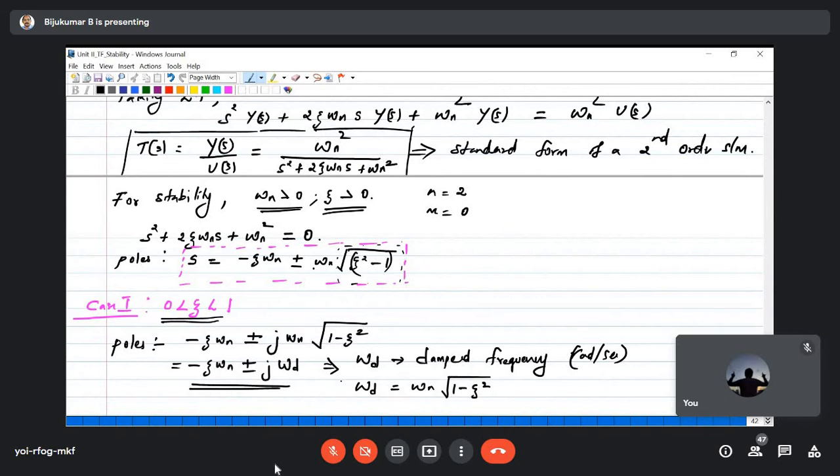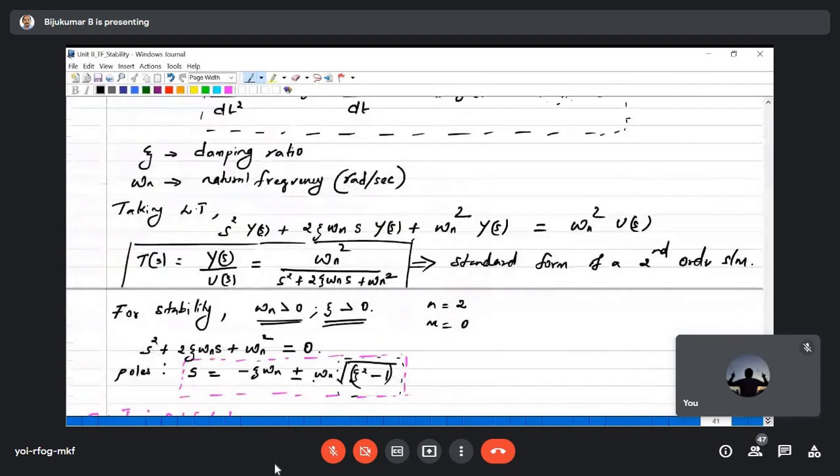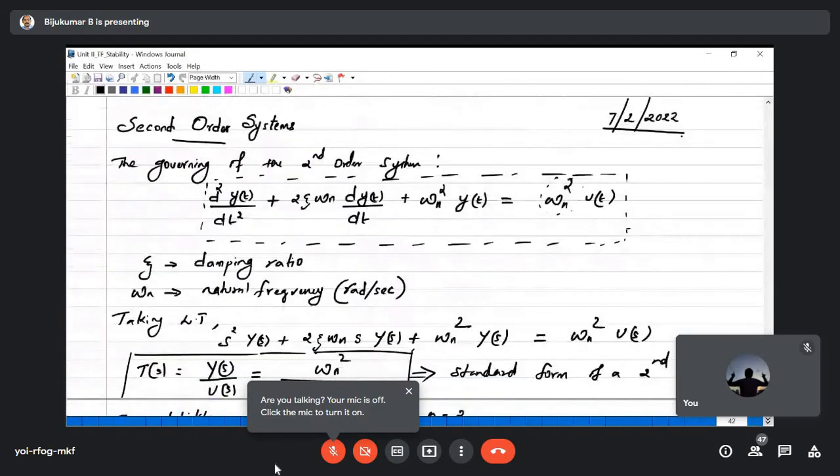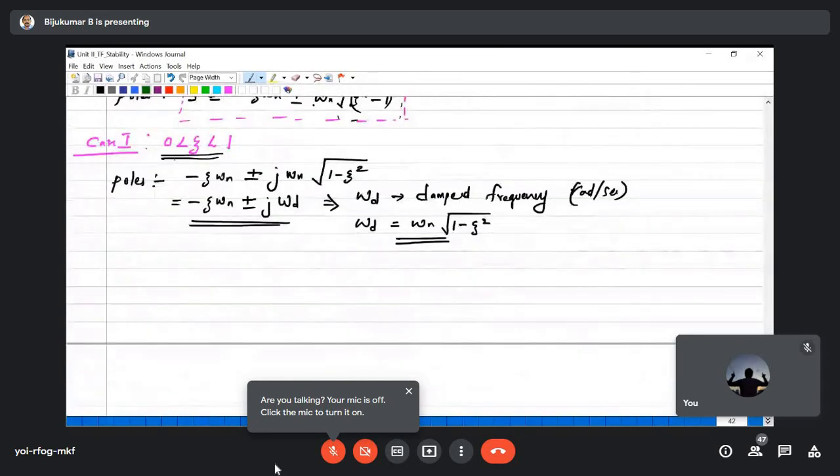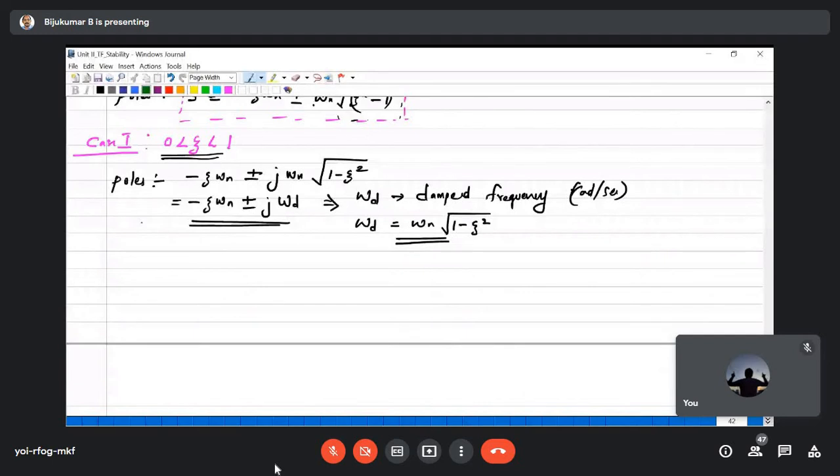So if zeta is less than 1, we can call the second order system an underdamped second order system.